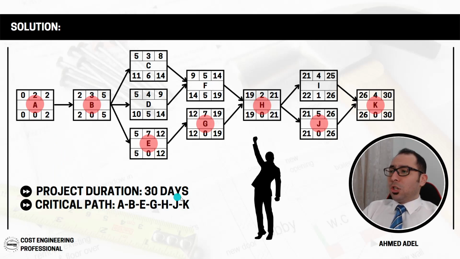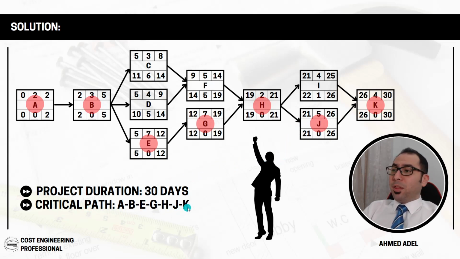The project duration here, you can see, is 30 days, because we calculated that in the forward pass, and we also calculated the early start and the early finish in the forward pass. In the backward pass, we calculated the late finish, the late start and the float. And we now understand what these things are.